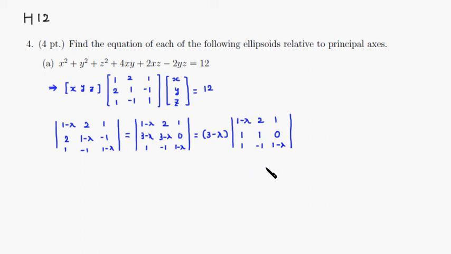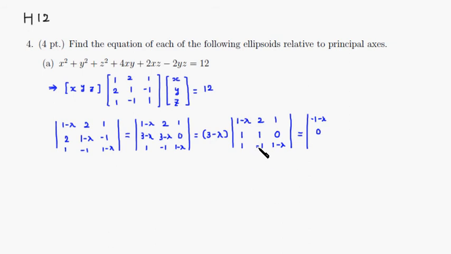Then since we already got the 0, maybe we can turn this into 0 by doing another operation, this time a column operation. Why don't I subtract column 2 from column 1? So you're going to get 1 minus lambda minus 2, which is -1 minus lambda. 1 minus 1 is 0, which is what we wanted.